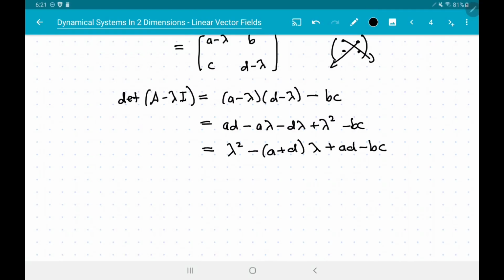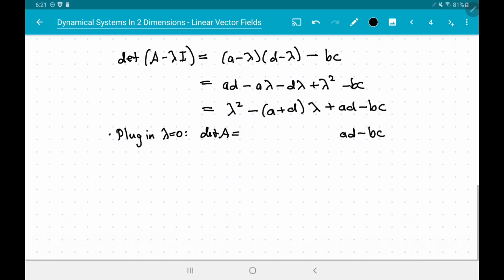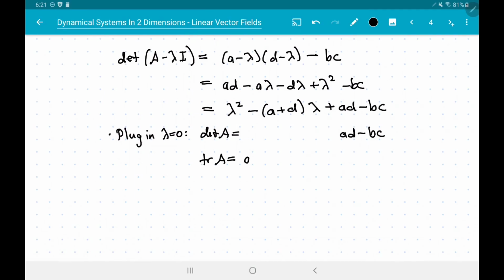So first thing to notice is that if you plug in lambda equals 0, then you simply get determinant of A equals AD minus BC. So the coefficient here is in fact just the determinant of A. The other thing that you will see is that the trace of A is the sum going down the main diagonal.